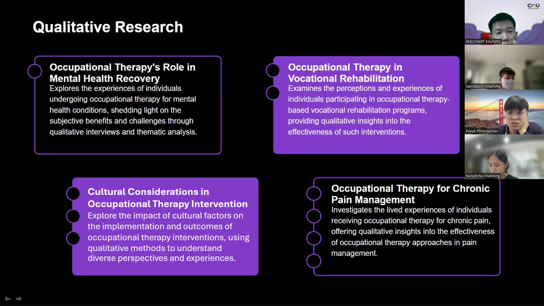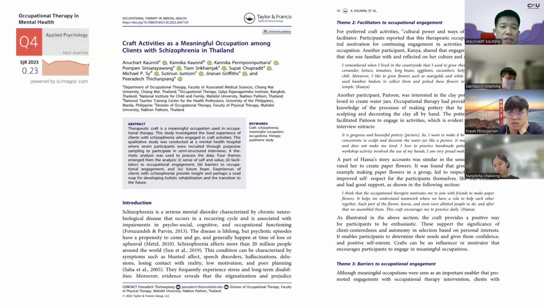Use qualitative methods to draw out information and insight: after they receive OT intervention, do they manage pain better or not? For example, this is my research on craft activity as a meaningful occupation among clients with schizophrenia in Thailand, in Bangkok, somewhere around Ratchanakarin.